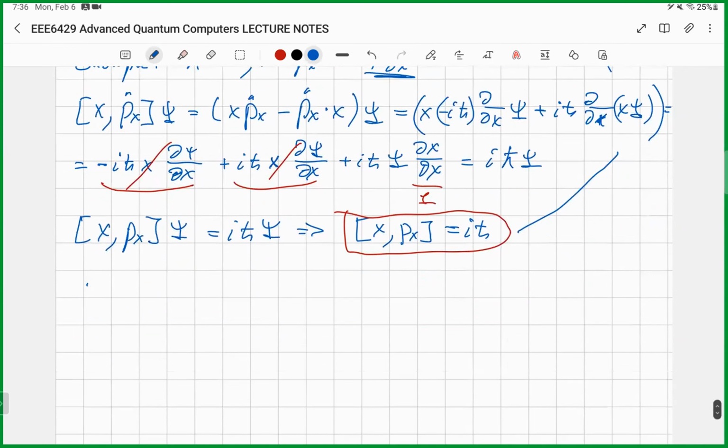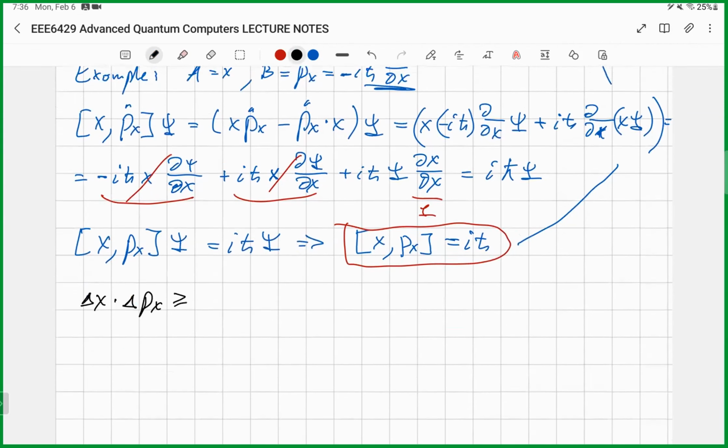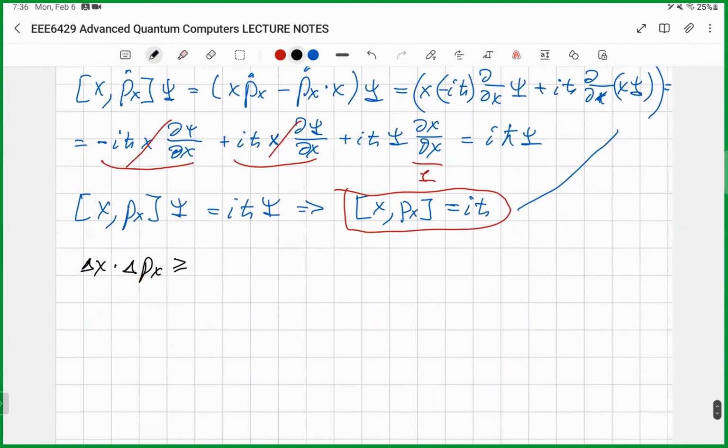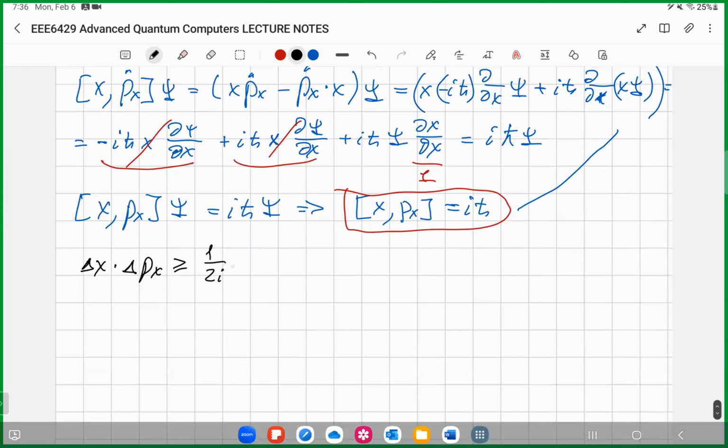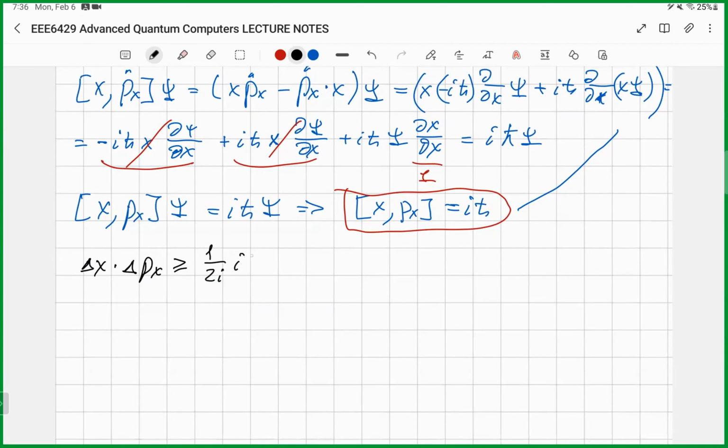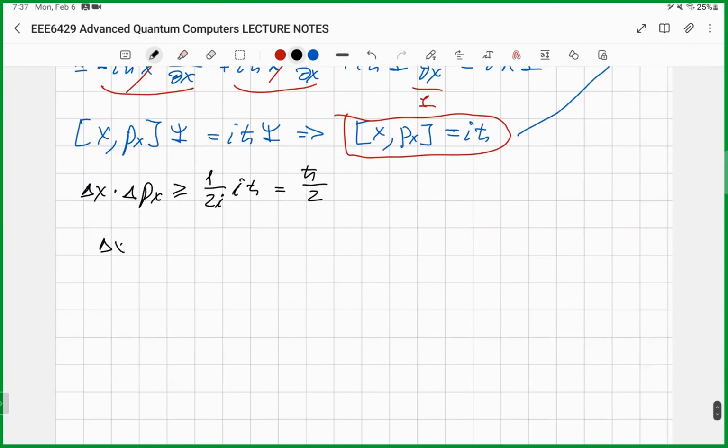So I will get delta x times delta Px larger or equal to 1 over 2i times i h. The i cancels down, and it's equal to h over 2. So delta x times delta Px is larger or equal to h bar over 2.